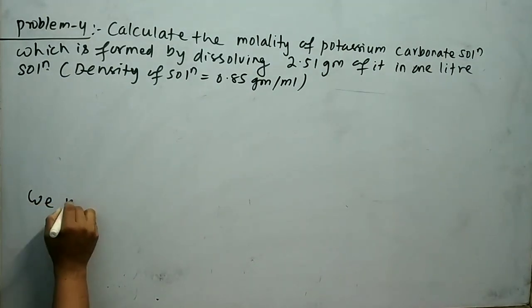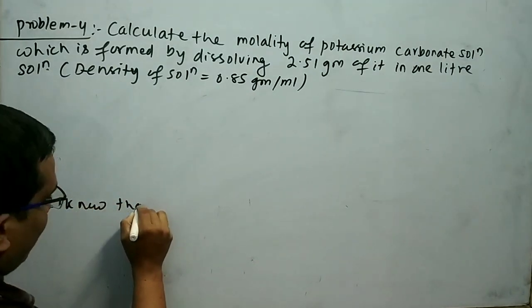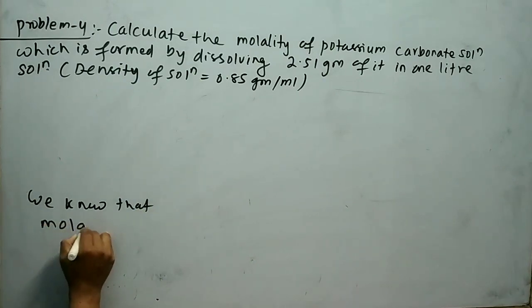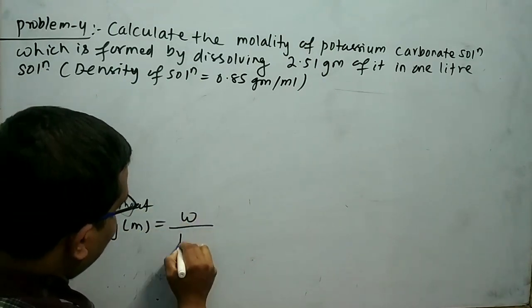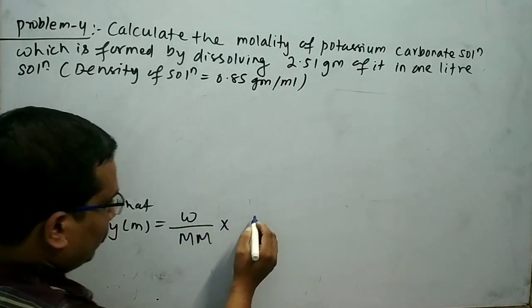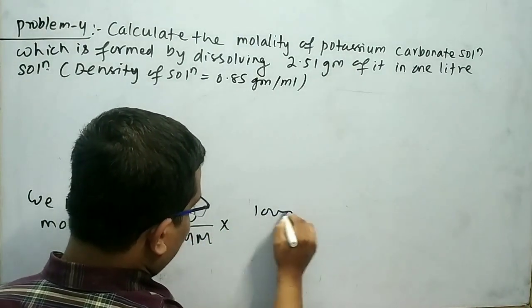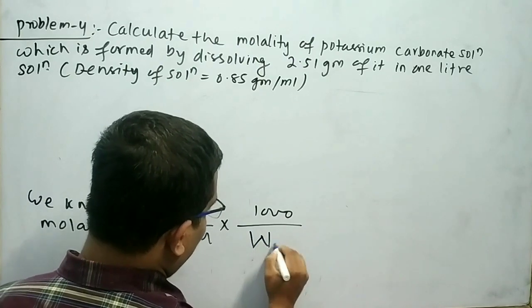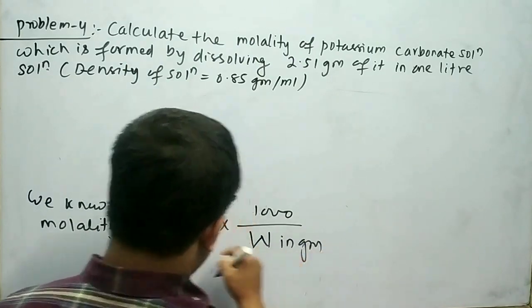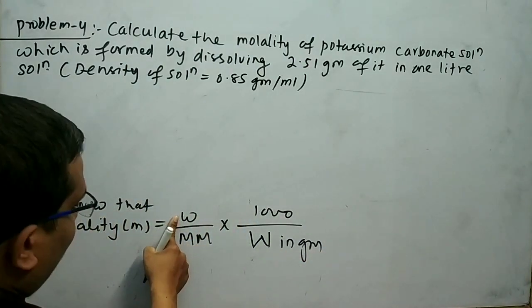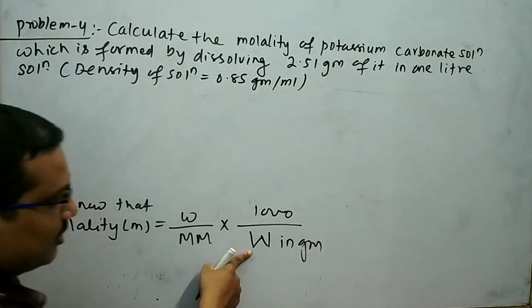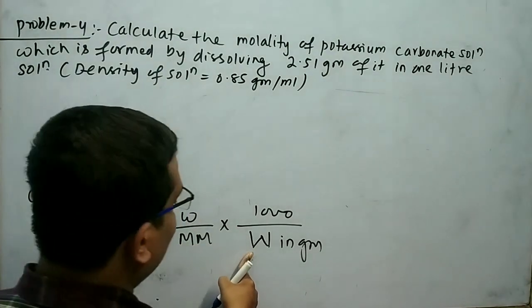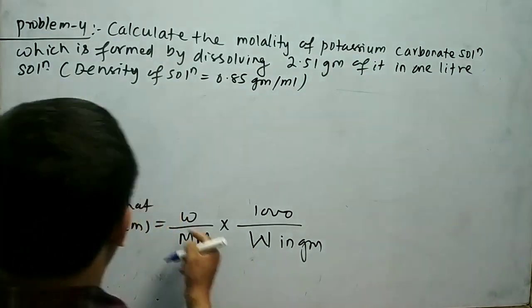We know that molality, small m, equals W by molecular mass into 1000 by capital W in gram. This small w indicates the weight of the solute. This capital W indicates the weight of the solvent.